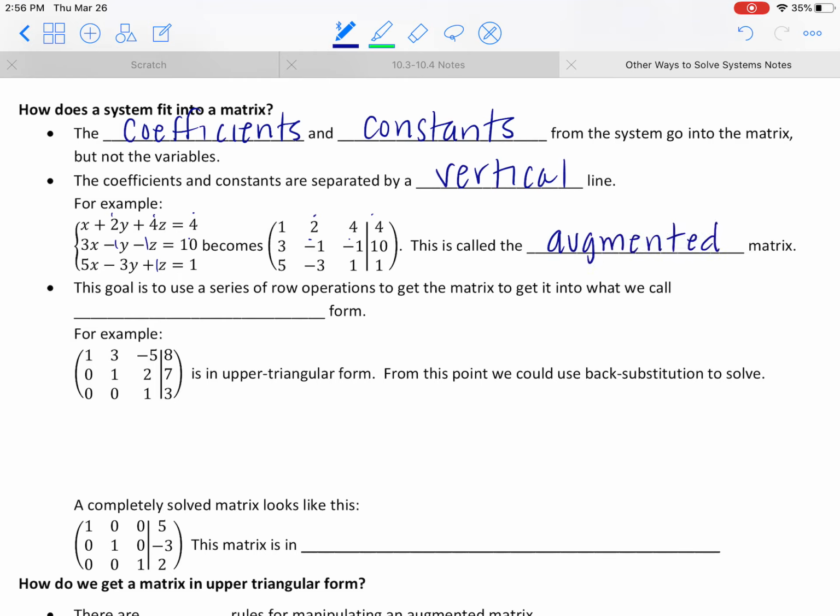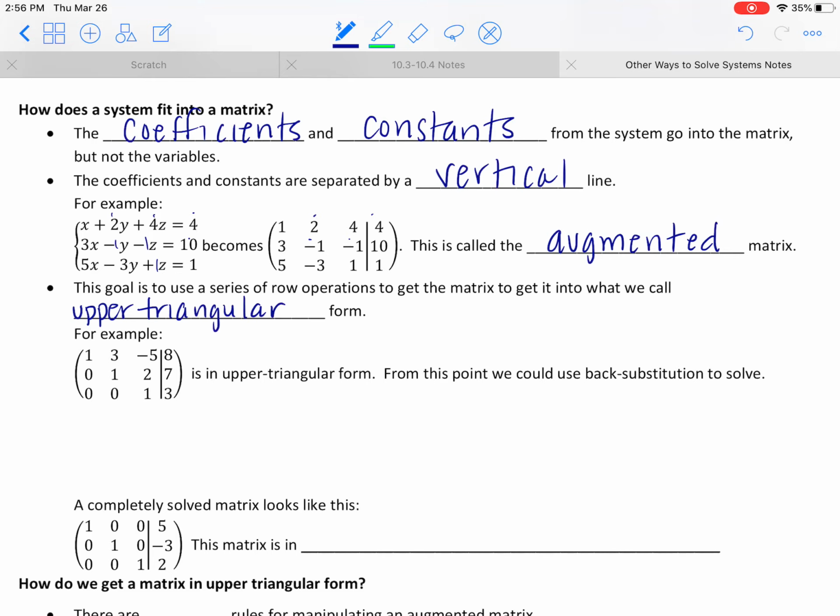the augmented matrix. So the augmented matrix is the coefficients and constants from a system, and the goal is to use a series of row operations that we'll talk about in a little bit to get this matrix into what we call upper triangular form. Upper triangular form.